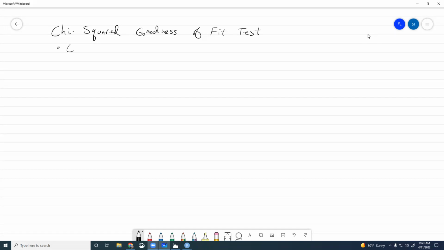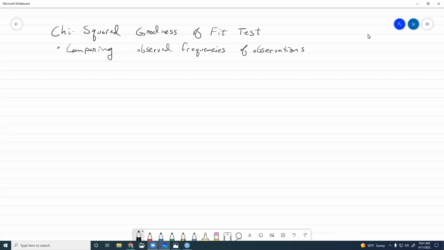What we're doing here is very similar to the QQ plot, but we're comparing observed frequencies of observations. We're kind of binning the data, so we're going to a histogram.